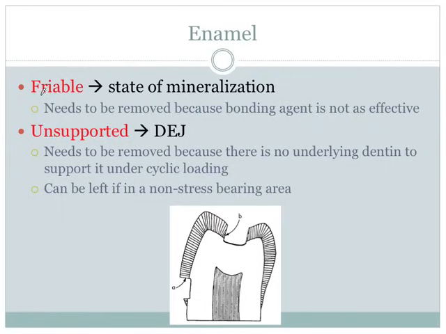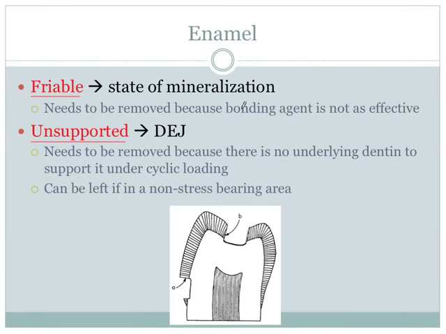So basically we have friable enamel and unsupported enamel. They both need to be removed, but they're different terminologies. They're used to refer to different types of enamel. So friable enamel is talking about the state of mineralization. I have a video on my channel that talks about what a tooth is made out of.